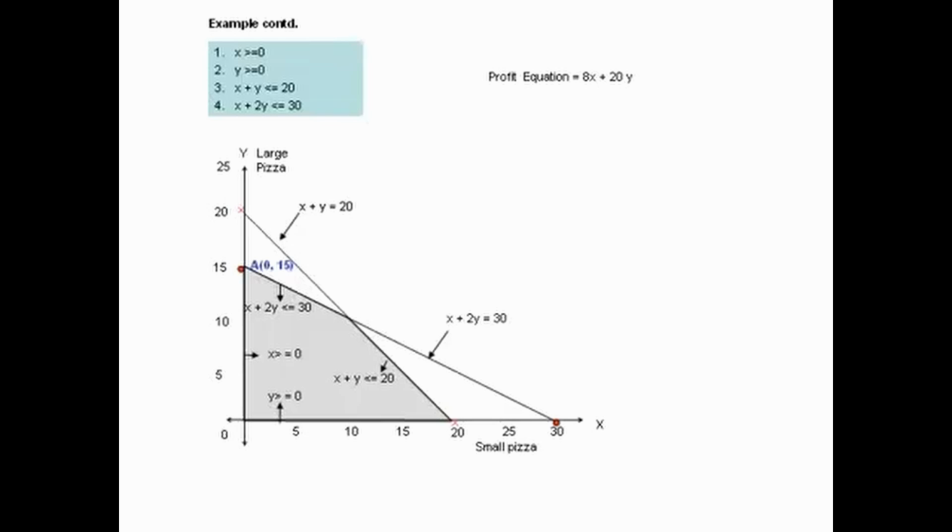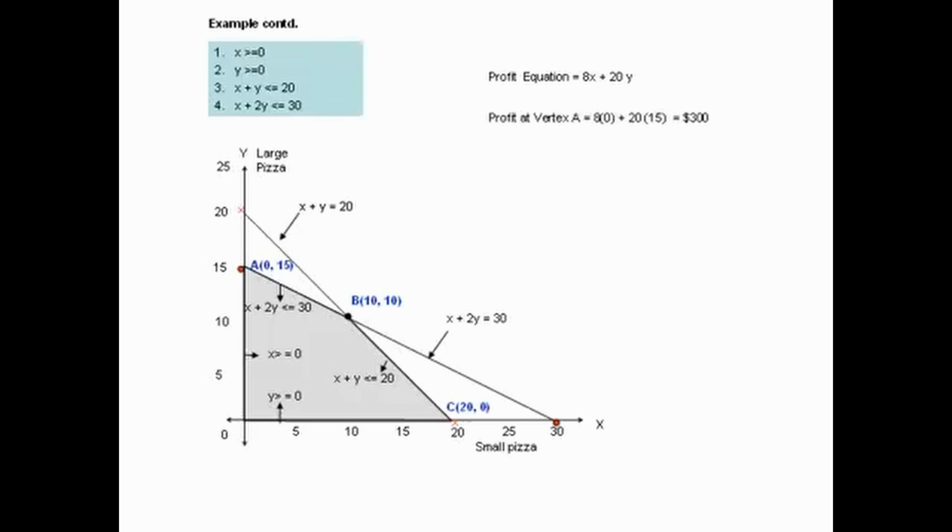So at vertex A, the coordinates, which are 0 and 15, we've identified on our common region, and vertex B, which is indicating that we're making 10 small and 10 large pizzas, and at vertex C, it's indicating that another possibility is to make 20 small and no large pizzas. So all we need to do is to plug these particular x, y coordinates in the profit equation to see which will yield the largest amount of profit.